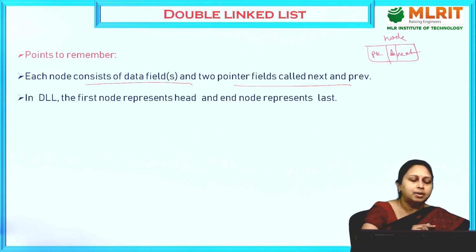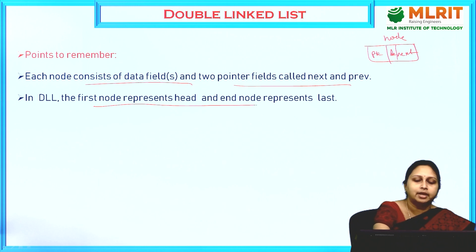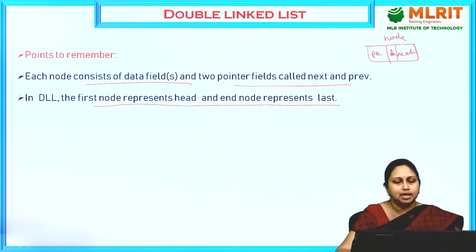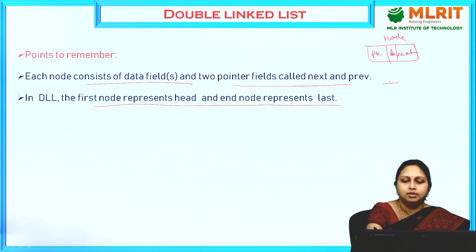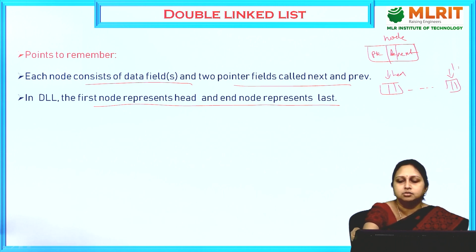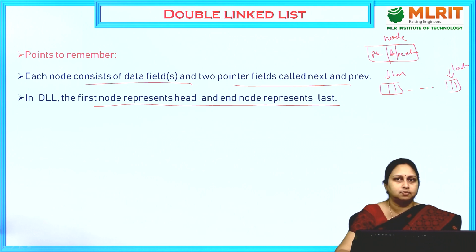Next, in a double linked list, the first node represents the head and the last node represents the last. As we have seen in the previous example, the first node in the list is called the head, and if you have some other nodes, this is the last node, which is represented with the last.